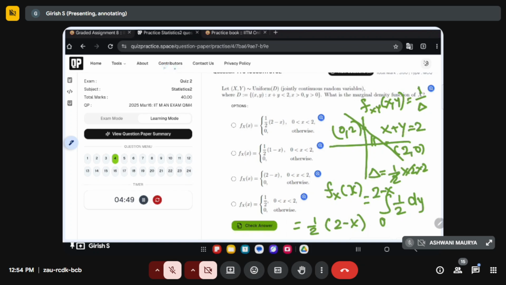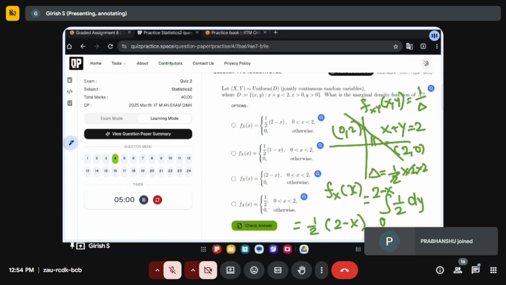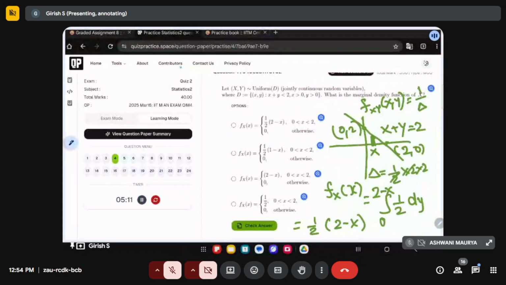Bhaiya, can you explain how we take this? I'm a bit confused about the limits for y. If you see, we are calculating marginal of x. When we are calculating marginal of x, y has to vary. So I will take some random x, and I'm calculating the probability of it. And y is varying. From where to where is y varying? From here to here, right? This point is 0.